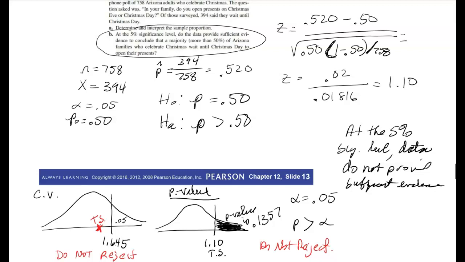Okay, so that's the second important piece. The third part is put it in the context of the problem. You cannot end there. You can't just say reject and be done. No. Sufficient evidence about what? To conclude that Arizona families who celebrate Christmas wait till Christmas Day to open their presents.